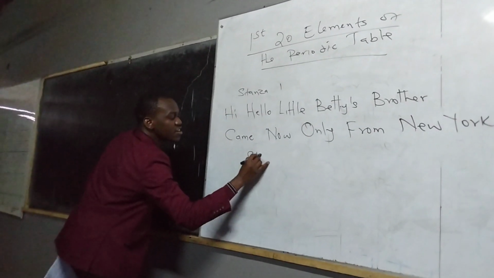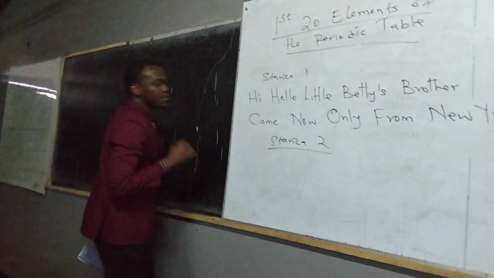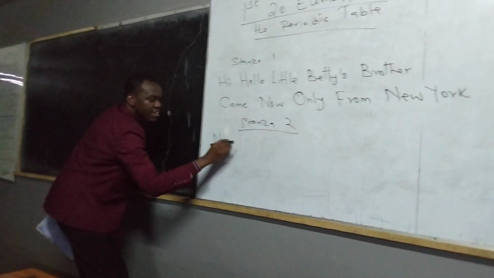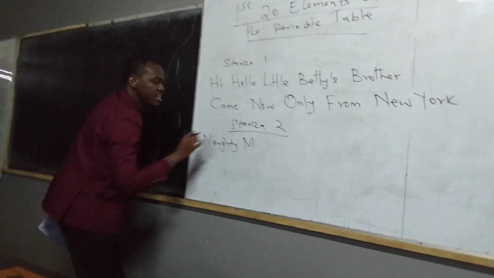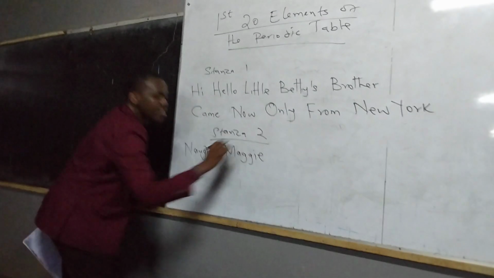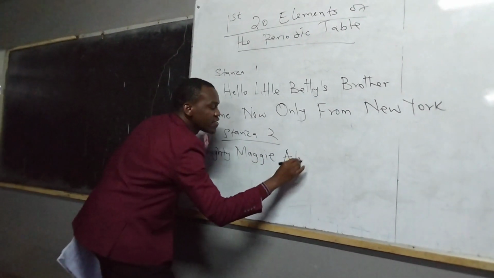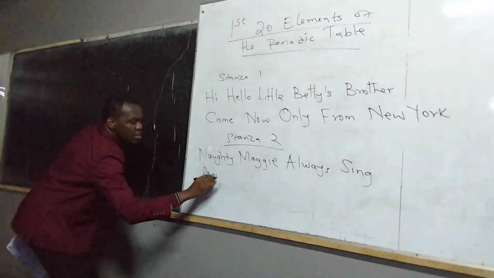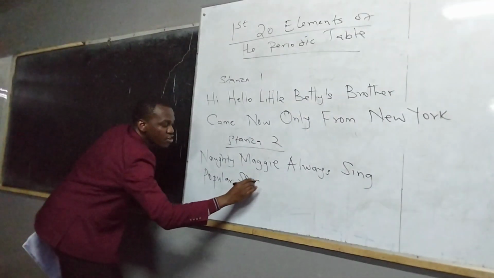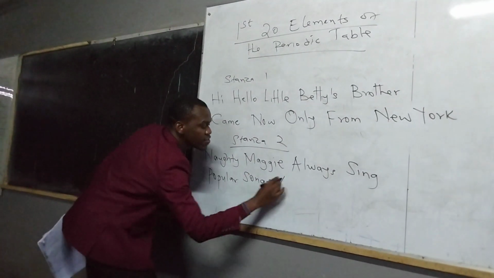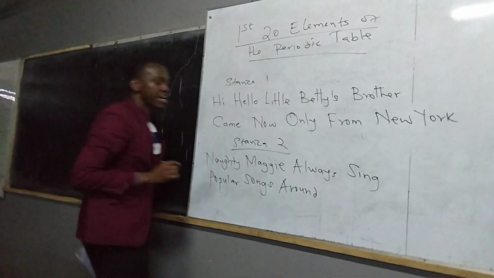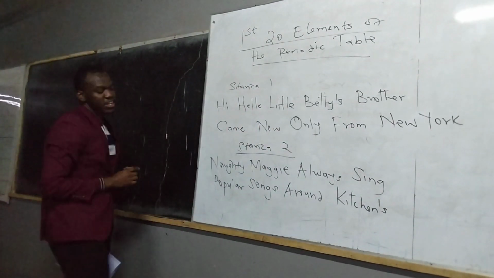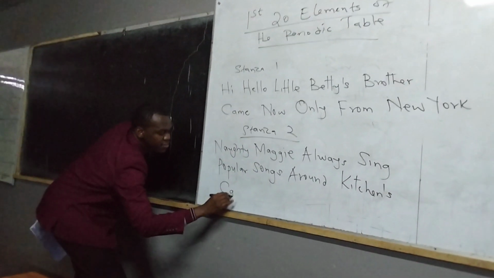Now, stanza 2, to help us memorize: Naughty Maggie always sing popular songs around kitchens, cabinet.